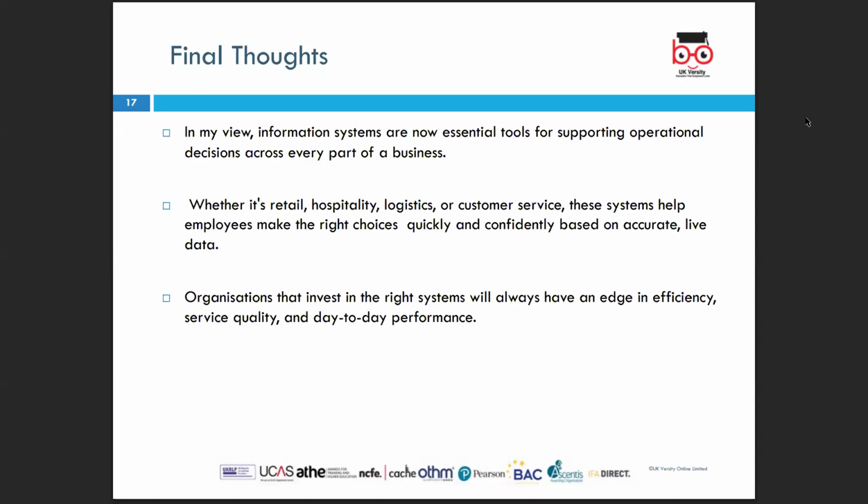So as you can see, whether it's retail, hospitality, logistics, or customer service, this system can help employees make the right choice quickly and confidently based on accurate and live data.